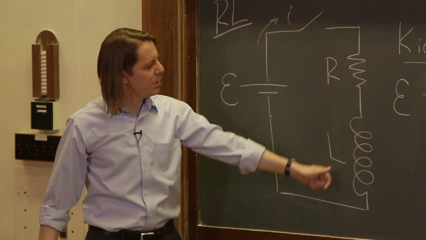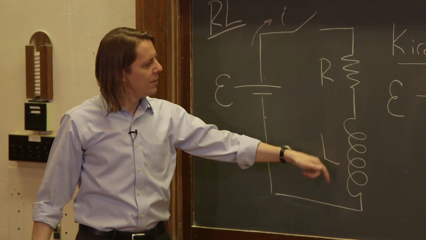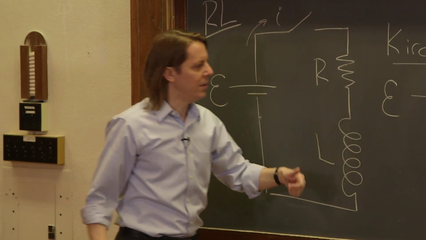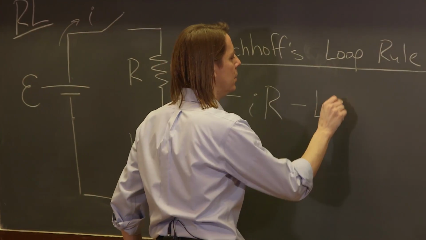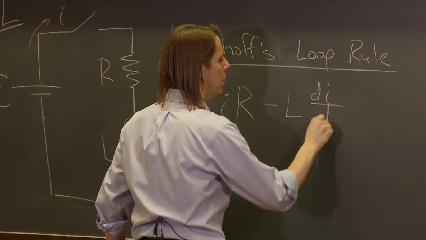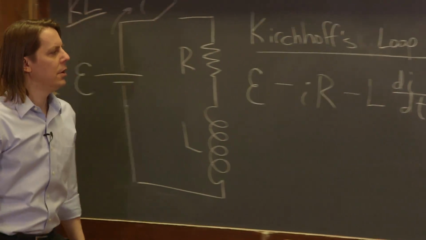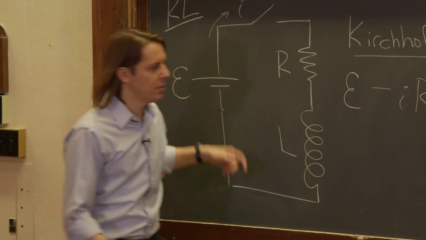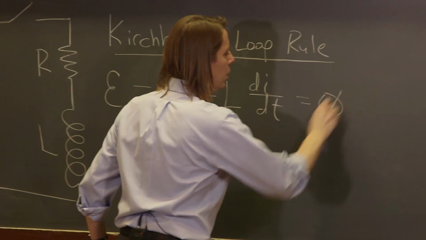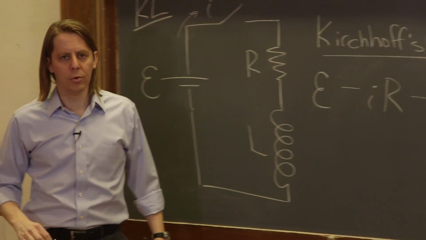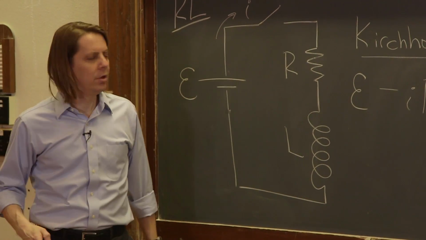And then we know this is going to be a back EMF, so we would say minus L di/dt. And you get back to here, back to 0. So that is Kirchhoff's loop rule for the RL circuit.